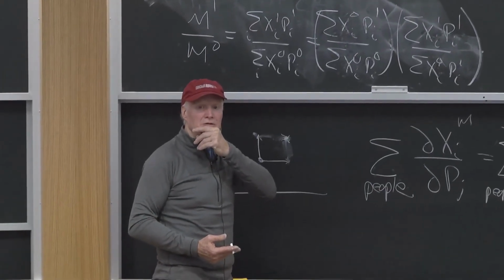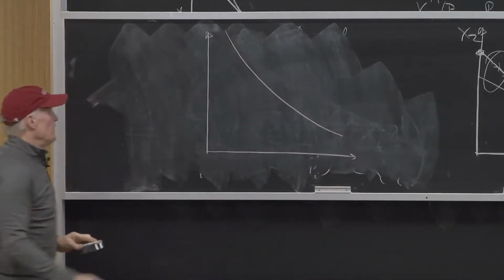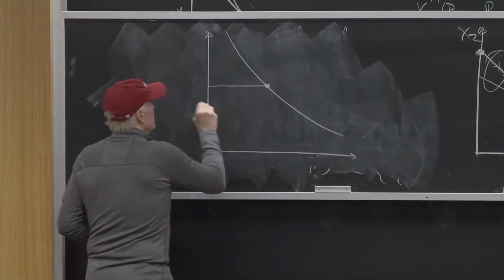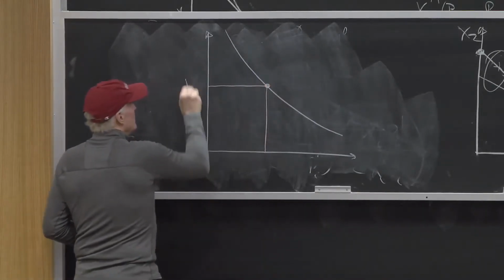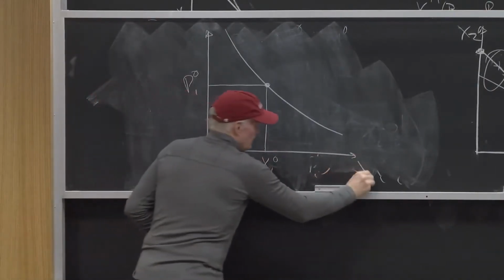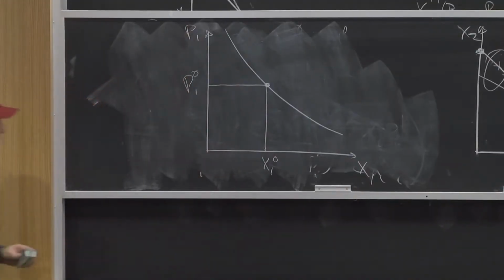Here's my demand curve. And here's the price of good one. P1 naught, X1 naught. Here's X1, here's P1. So that's the price of good one.